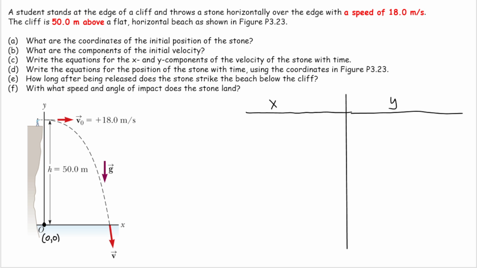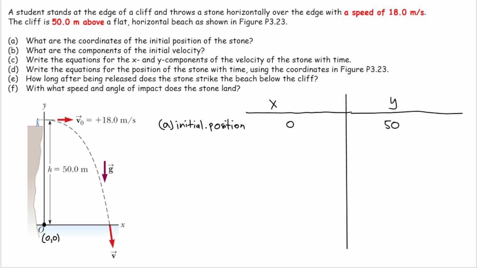And question A is asking about the initial position. What is the initial position in the x direction? It is 0, right? So we will have 0 here. And in the y direction, because it is 50 meter height, we will have 50 meter here.